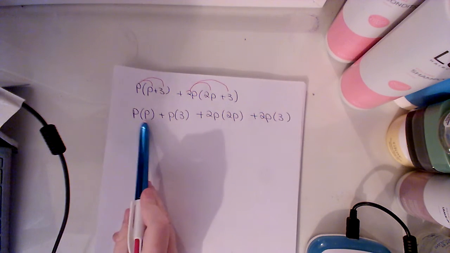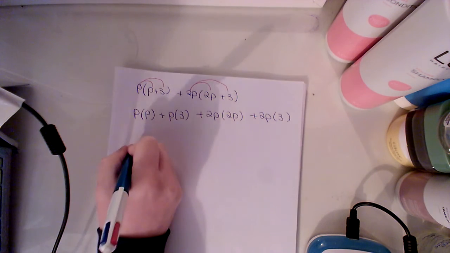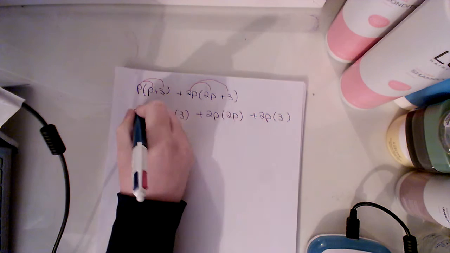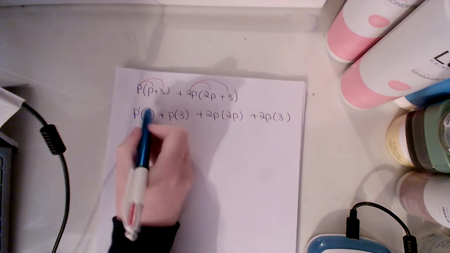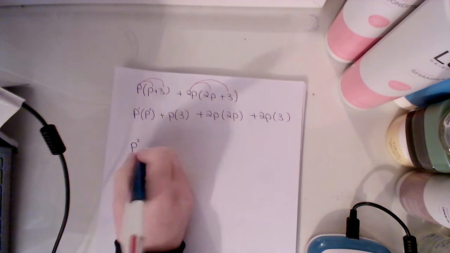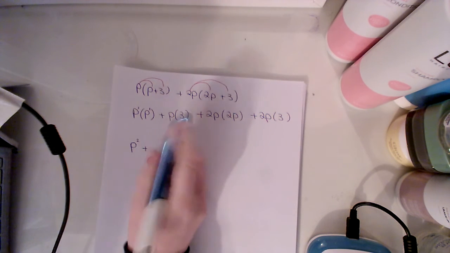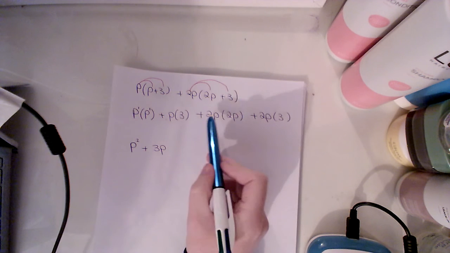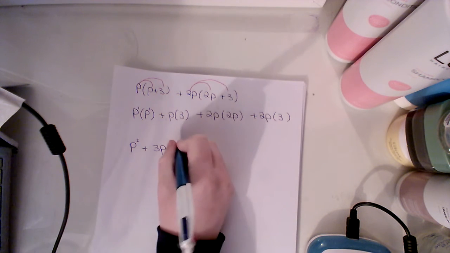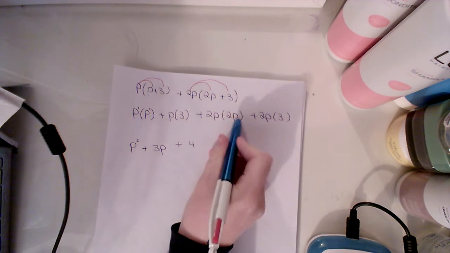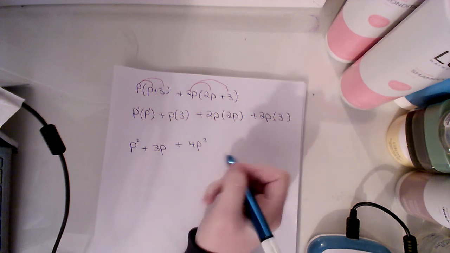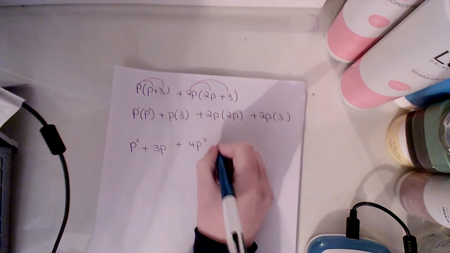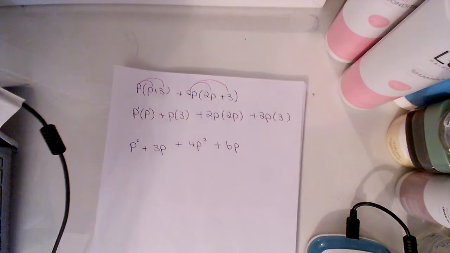So then I have p times p, so letter by letter, I keep my base, which is p, and there's imaginary little ones here. 1 plus 1 will give me 2. Plus p times 3, that's 3p. 2p times 2p, 2 times 2 is plus 4. p times p is p squared. 2p times 3 is plus 6p.